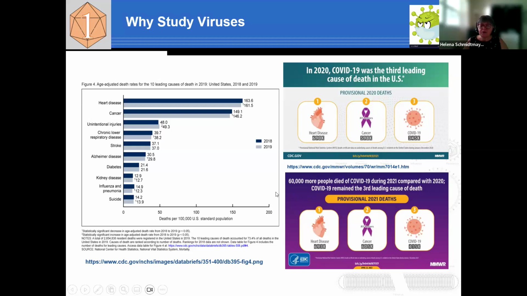And this is a notion which I would like to get across: even though we don't experience, for example, a pandemic of Ebola right now or of other viruses, it may happen. Knowing about those viruses and studying them in detail may help us in the future to develop very efficient treatments and vaccines.